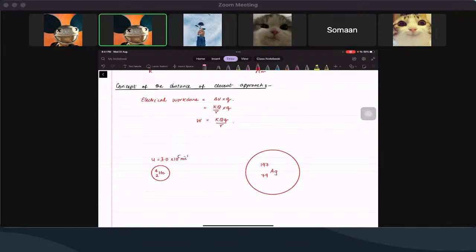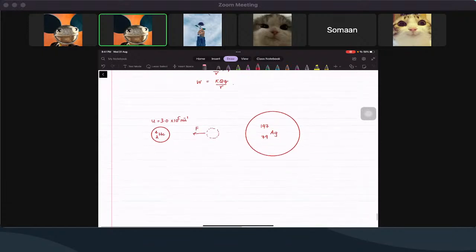We want to know exactly how close it can go, because it is facing a force of repulsion because both are positive. What we're really looking at is how close that nucleus gets to the other nucleus. So this is the concept of closest approach. Is it clear, everybody?